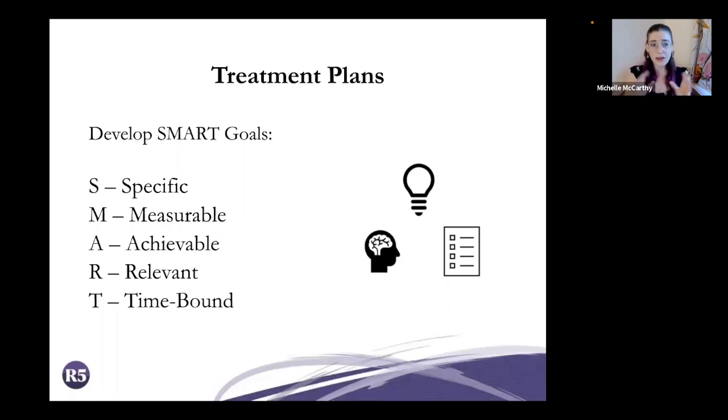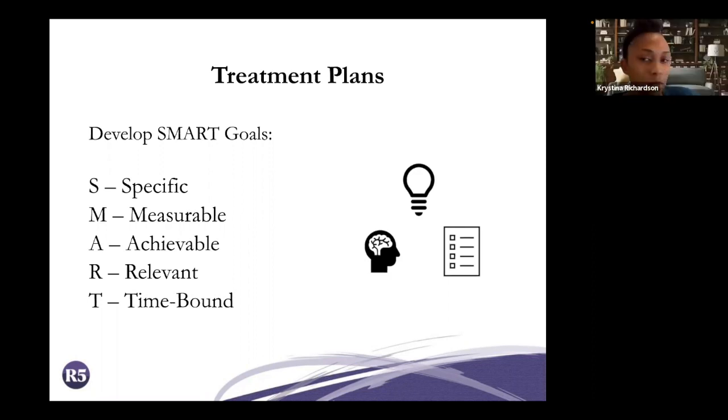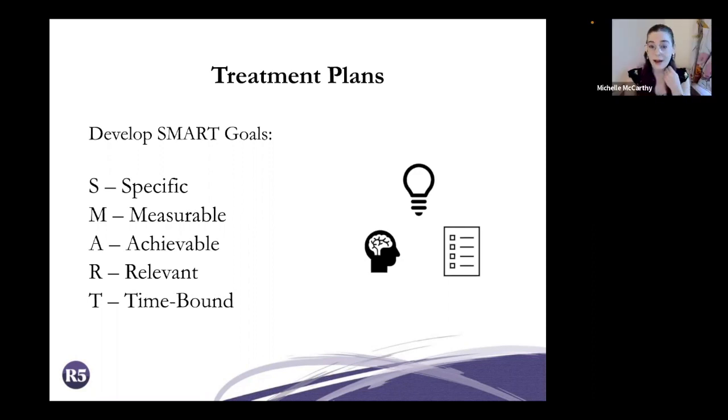Not that that's completely unrelated to outpatient, because it's not, but I'm not going to be locating, sharing, linking you to housing resources necessarily if you have a case manager. So I might need to collaborate with case management and make sure that's something they're working on.